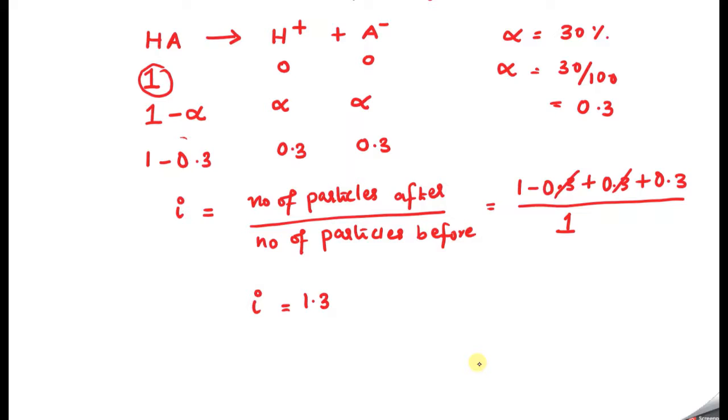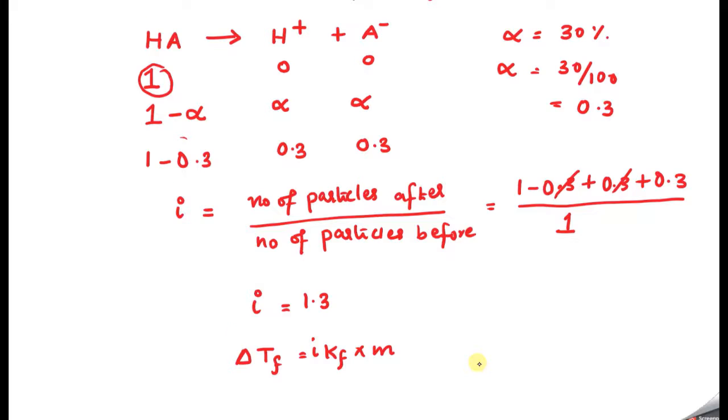Now let's calculate the delta Tf. We know that delta Tf is equal to i times Kf times molality. So here you need to consider i also. It is water actually, and water has a freezing point of 0 degrees Celsius.